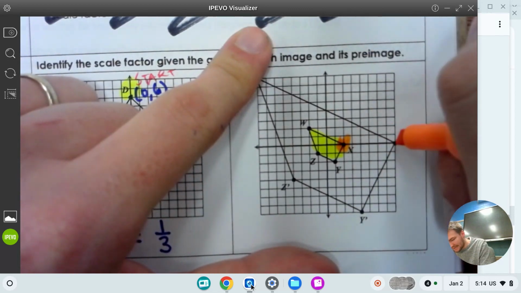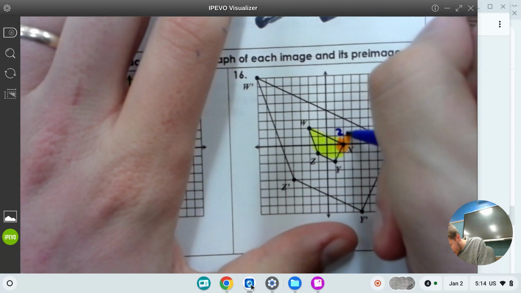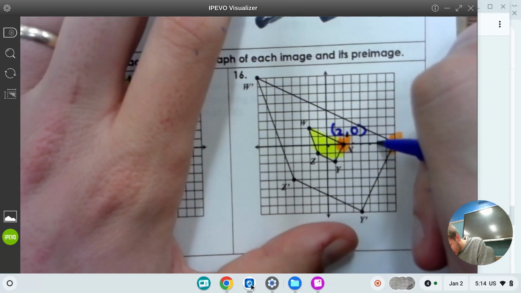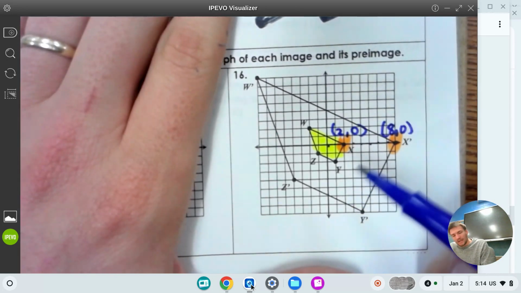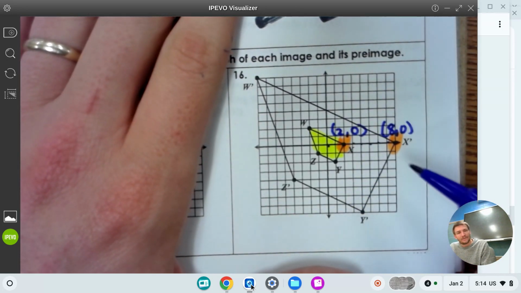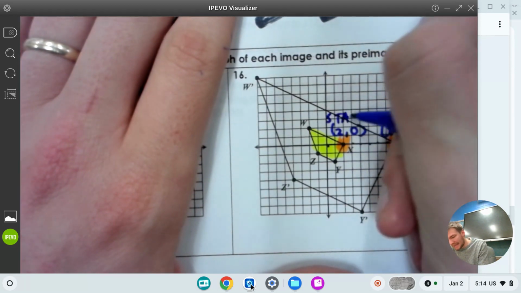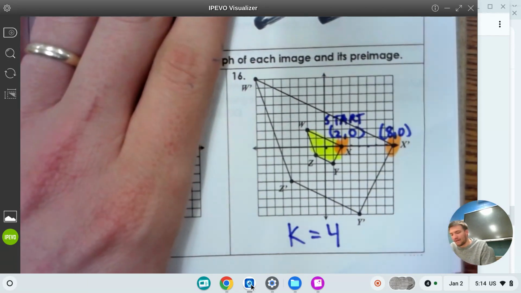So I like X for this question. This is at 2, 0, and this is at 1, 2, 3, 4, 5, 6, 7. They switched back to the 8 on me to try to trick me. 2, 0, 8, 0. How much did we have to multiply to start at 2 and finish at 8? We had to multiply by 4.